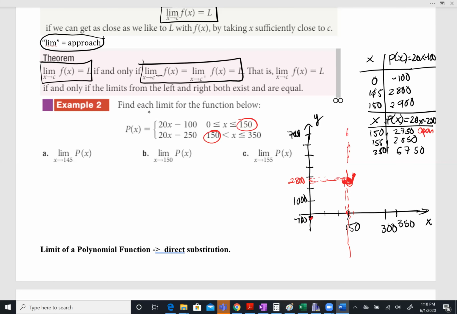And then 350 and 6750. 6750. Oh, let me see. So 6750 is around here.